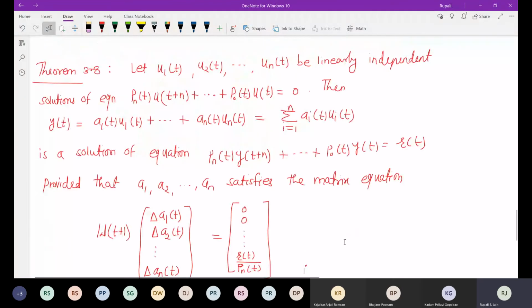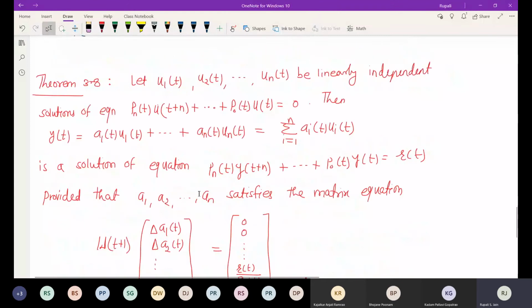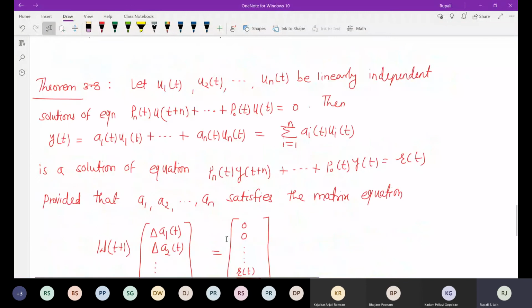Yes, ma'am. That matrix of coefficients is not W, it is just the matrix of coefficients. They are giving the name W(t+1).